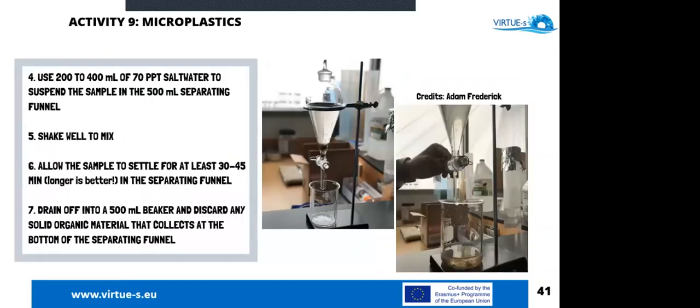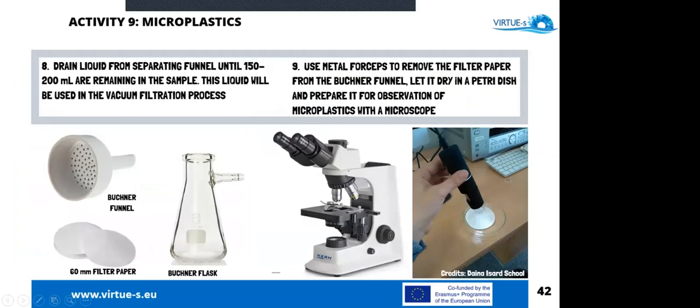Then you can perform a separation with a separating funnel. In this way, you will divide the liquid from the organic materials that collect here at the bottom of the separation funnel. Once you have collected the water, the next step is the vacuum filtration process.